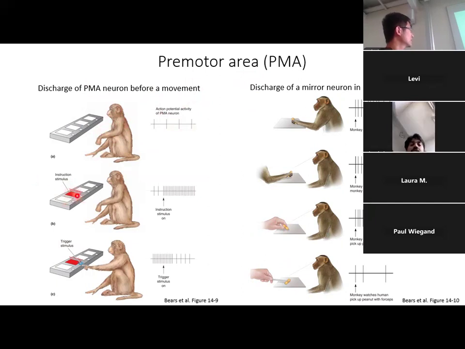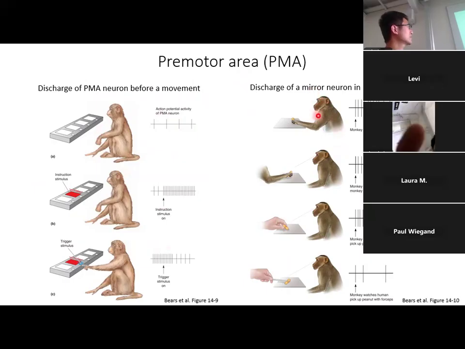Then when there's an instruction to say, okay, move, before the movement this neuron already fires. But as soon as the monkey starts to move, the neuron stops firing. So it seems that the PMA neuron is only an indicator of the initiation of the movement, but it's not responsible for really producing the movement.